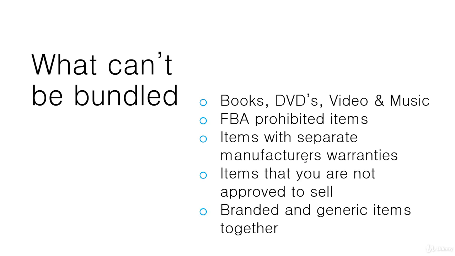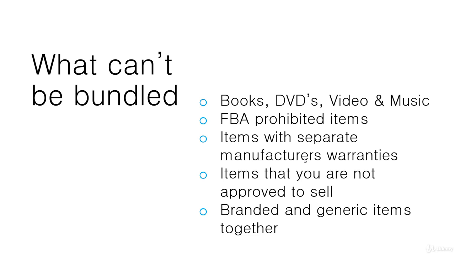Now, branded and generic items together. So in general, you couldn't say, for example, take a name branded product, put it in a bundle, and then put a bunch of generic products in with it, and then call it a bundle of that name brand.